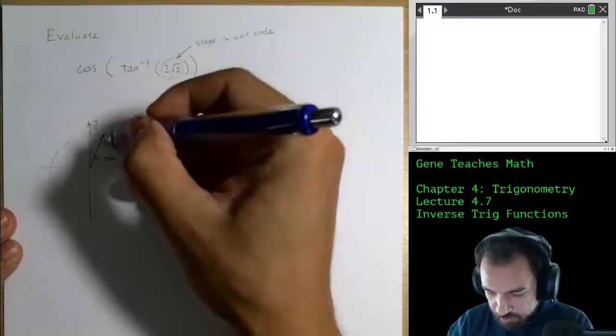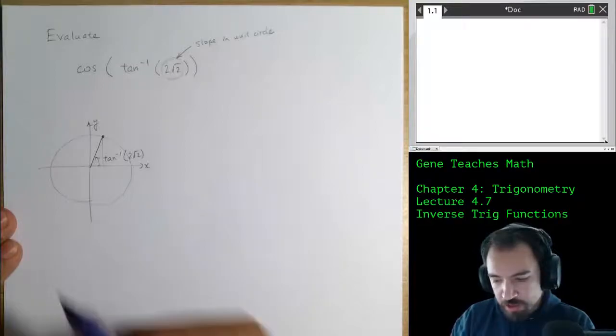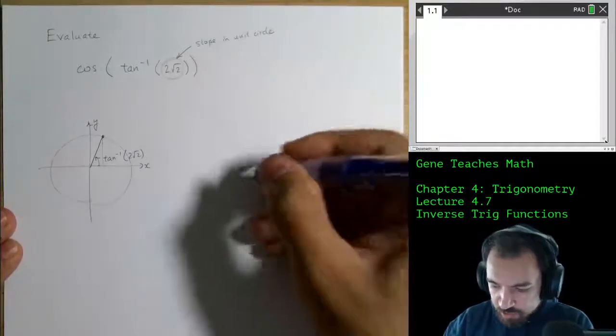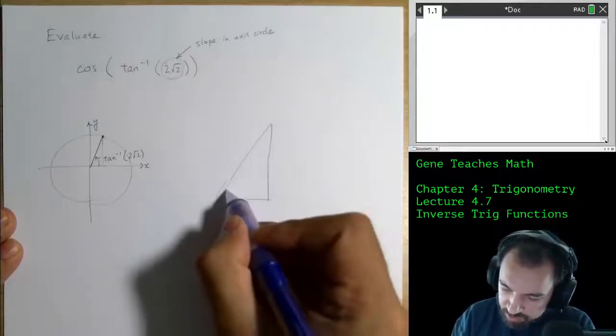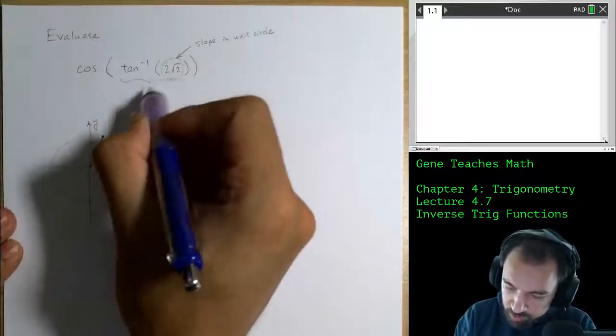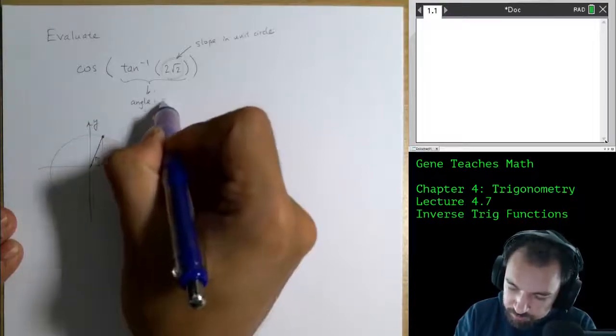Now, of course, I could make a triangle out of this and do the math that way. But it turns out it's conceptually easier to step out of the unit circle and to just draw a right triangle and to say, this angle right here, why don't we call this angle theta?